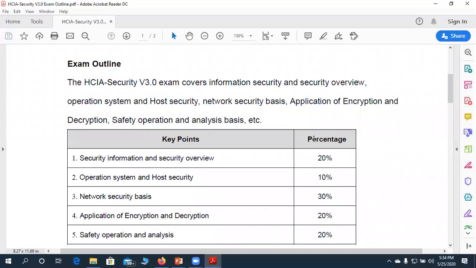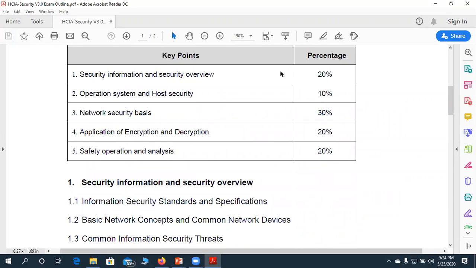Let us look at the composition of the exam with respect to the modules that we're going to cover. This course has 5 modules. The first module, security information and security overview, makes up 10% of the exam.